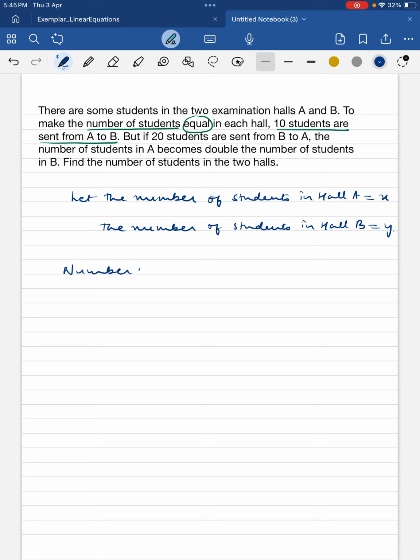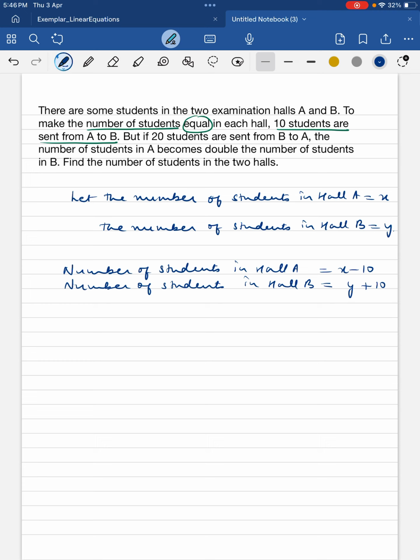Number of students in hall A now becomes X minus 10 because 10 students are sent away from hall A. But those 10 students will increase in hall B, right? So number of students in hall B now becomes Y plus 10.